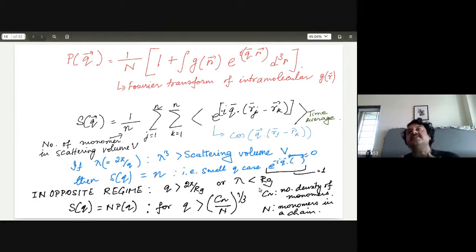Then by scattering you essentially have information about intra-chain structure, within a chain, because you are going to length scales smaller than rg. And then S of q is equal to n, the number of monomers, times P of q.